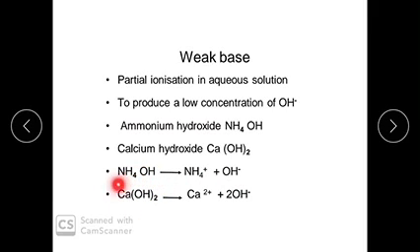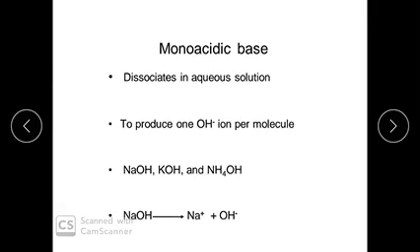Next one is calcium hydroxide, whose ionization gives Ca 2 plus and 2 OH minus. These are ionized partially and produce fewer ions, that is, fewer OH minus ions. And next one is, let us see these types of bases.